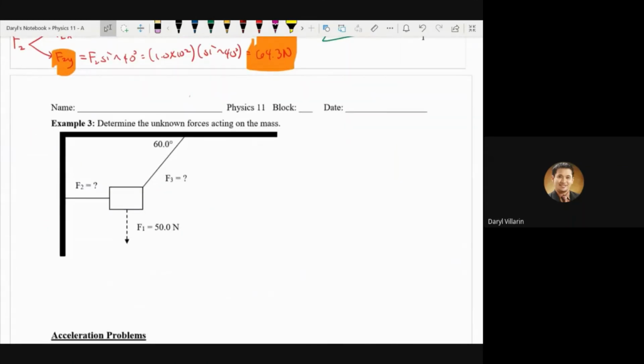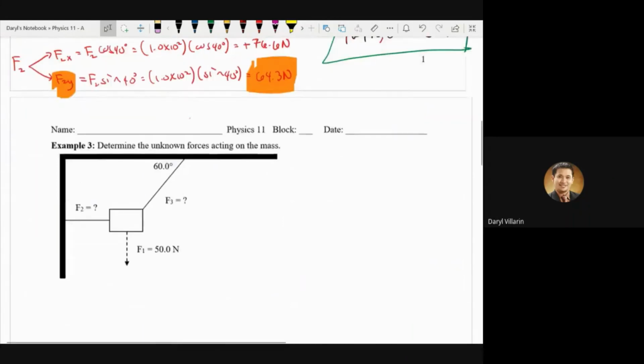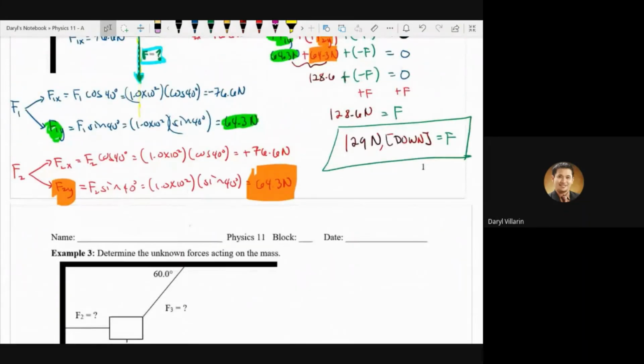Can you answer example number 3? Mr. V, did we have to find the x component, or did you just do it as an extra step? Yeah, I just did it as an extra step, but you don't have to do it in this particular problem. I just showed that you can break it down to x and y.